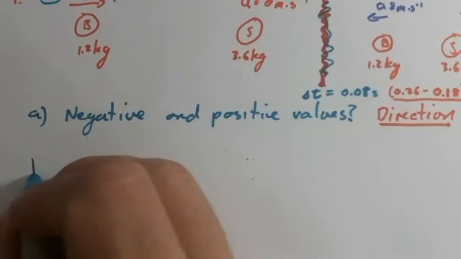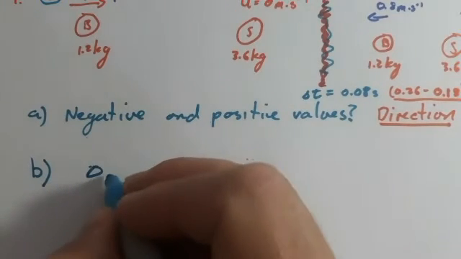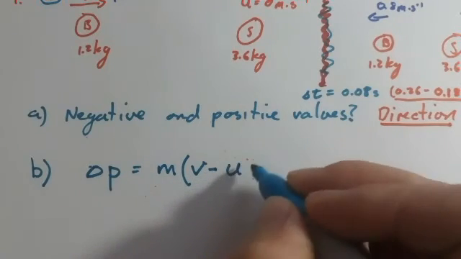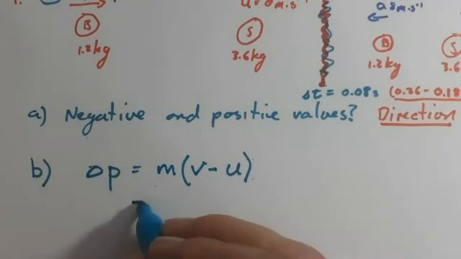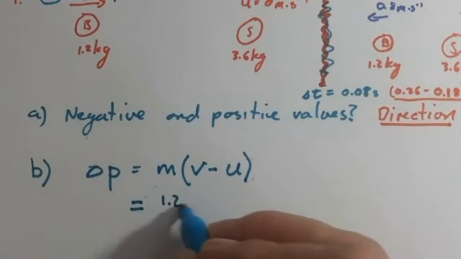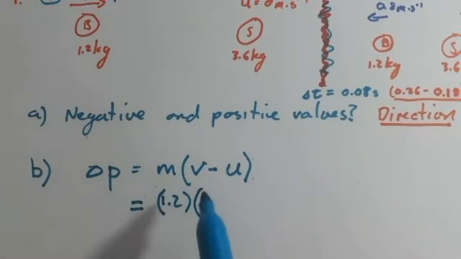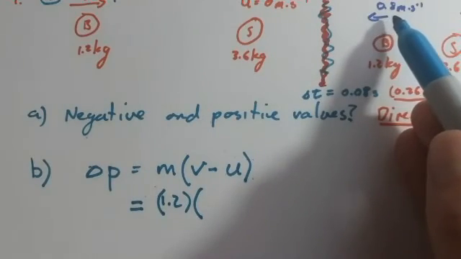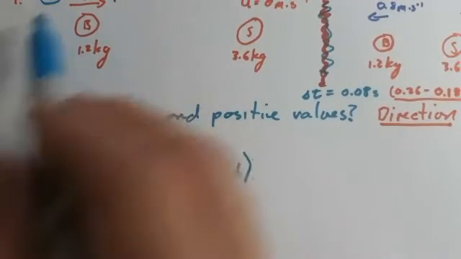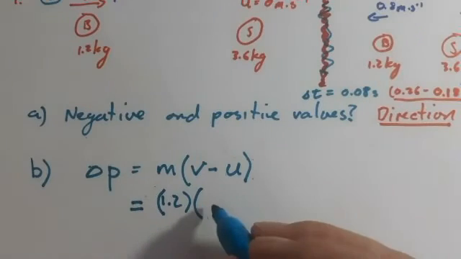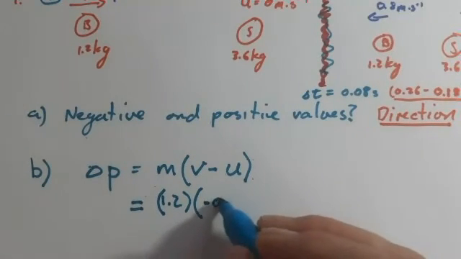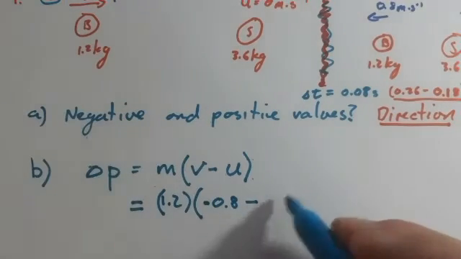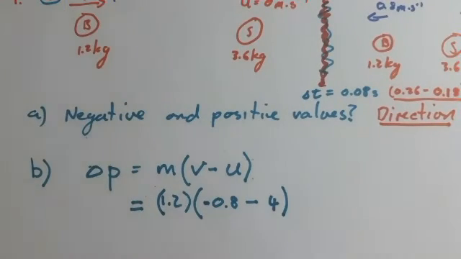And it's for ball B. So change in momentum equals mass times final minus initial velocity. What is the mass of ball B? It's the 1.2 kilogram. My final velocity is 0.8, but it's in the opposite direction to the one that I chose as positive. So final is the negative 0.8, minus initial, which was positive 4.